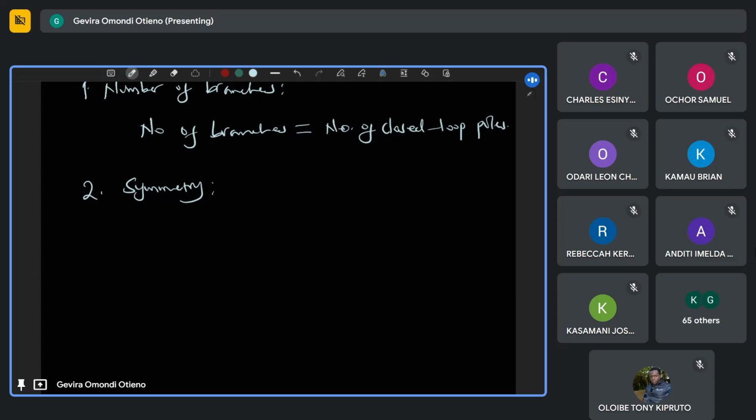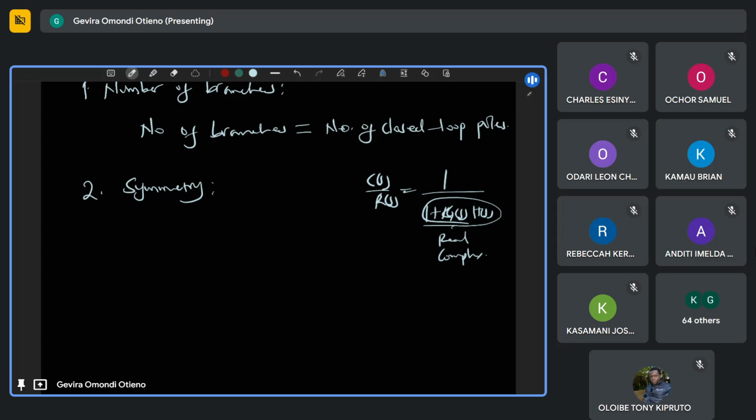Meaning if you obtained C of S over R of S, you'll have something like 1 over 1 plus G of S, H of S. If there was K, then you'll have K there. So this of course becomes your characteristic equation. If you get the roots, sometimes the roots can just be real values, or they can be complex values, or they can be a combination of both real and complex values, okay?